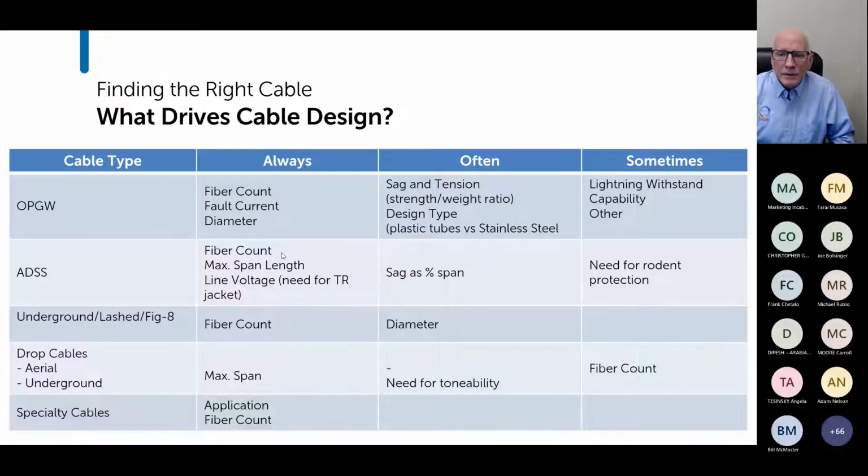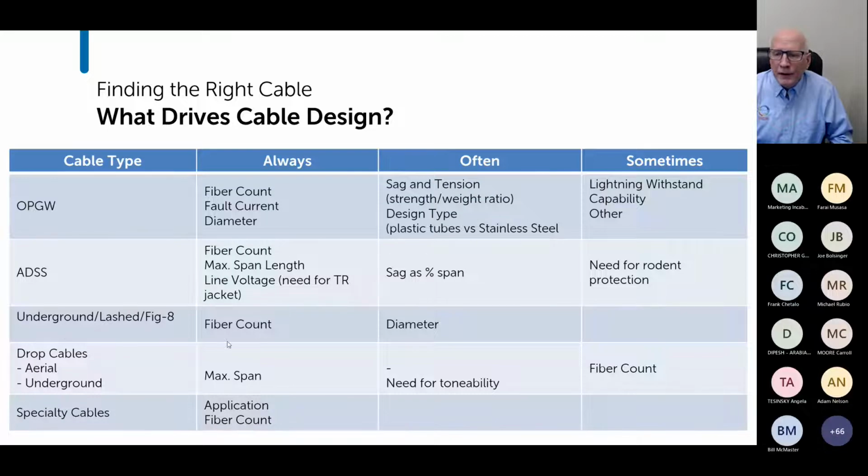ADSS, your fiber count is a big player, your maximum span length, and then the line voltage. The line voltage tends to drive the need for a tracking resistant jacket. Often the sag as a percent of span will come into play, and then whether or not you need rodent protection is sometimes an issue.